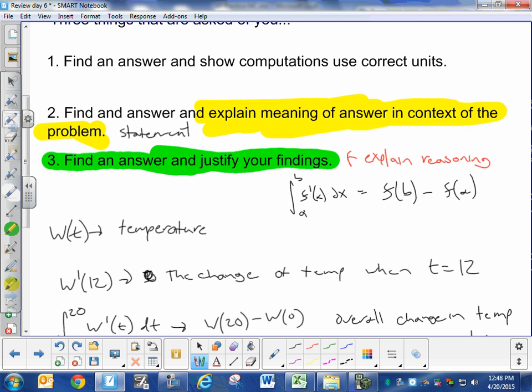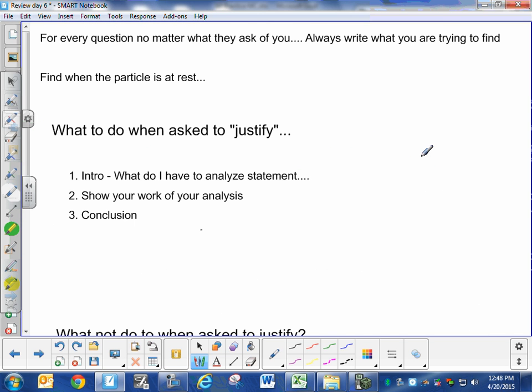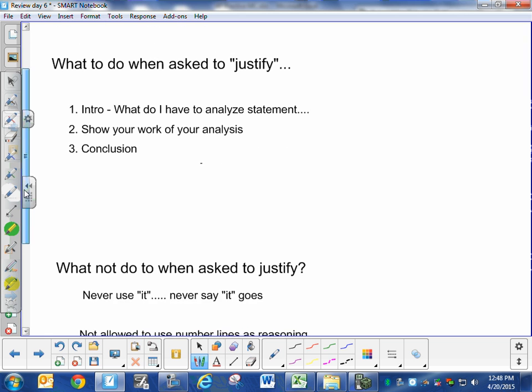Okay? This is where people freak out. They hate writing paragraphs. They do it poorly. They lose points because of how they write it down. But this is almost like a paragraph form. What do I mean by that? Well, we'll talk about exactly what to do when asked to justify.